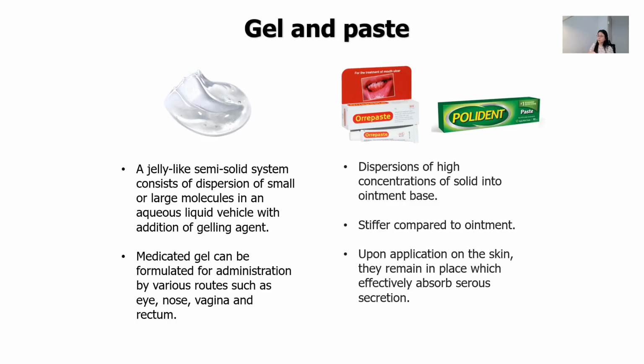It is stiffer compared to ointment because it contains a higher amount of solids, right? And it is applied on the skin, and it will remain in place and can effectively absorb serous secretions. Meaning if there are any wounds or secretions from open wounds, we can apply a paste, and the preparation will absorb any secretion from there.